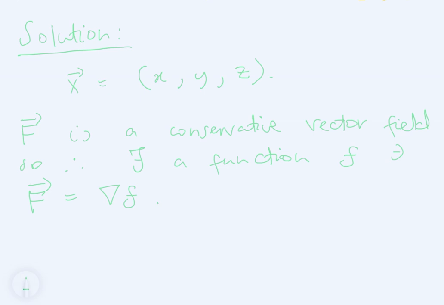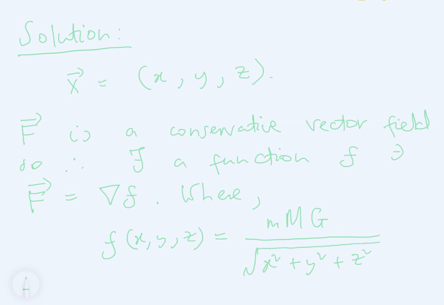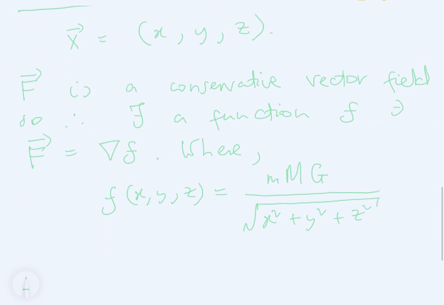For this particular vector field, we are given this function, and it is the following: f, of course a function of x, y, z, is equal to small m multiplied by big M multiplied by G, divided by the square root of x squared plus y squared plus z squared.